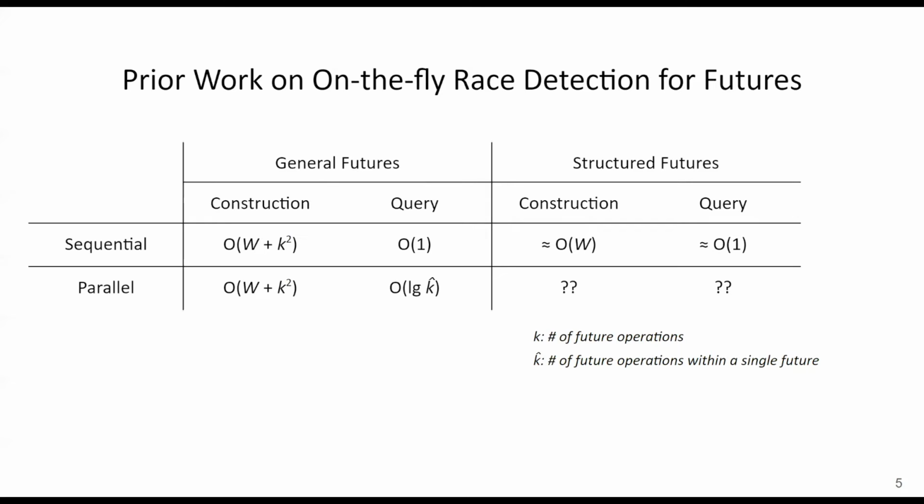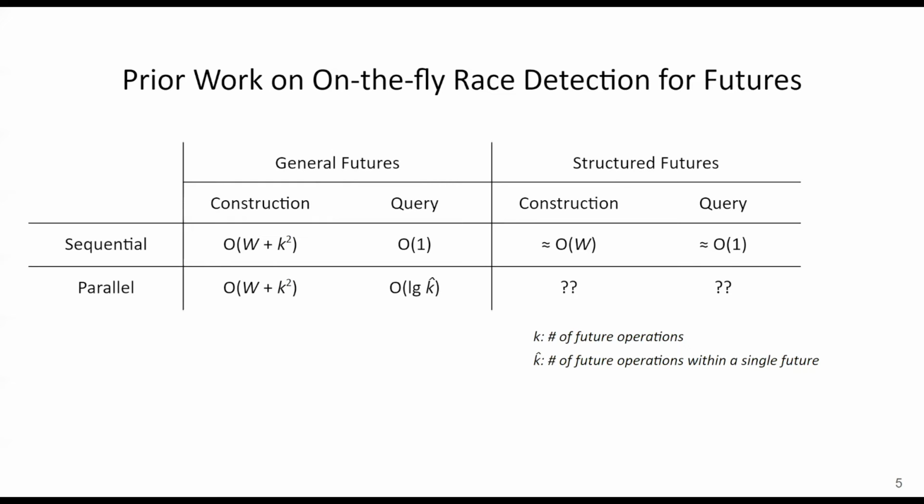In particular, the state-of-the-art sequential algorithm for race detecting general futures takes order of W plus K square time to construct the necessary data structure for race check, and each check can be done in constant time. Here, W is the total work of the parallel computation, and K is the number of future operations.